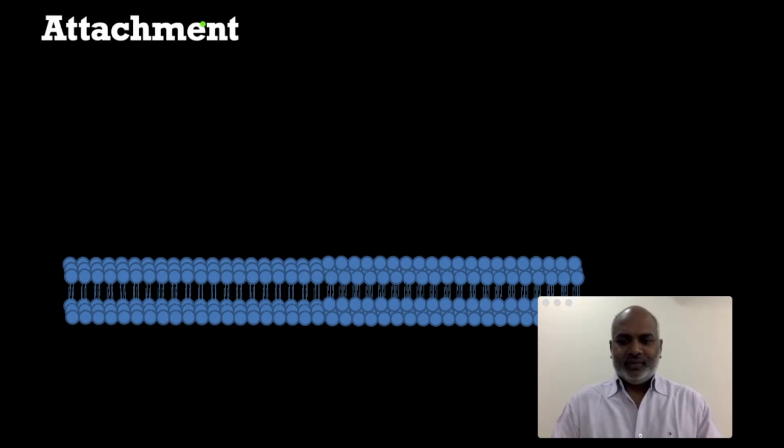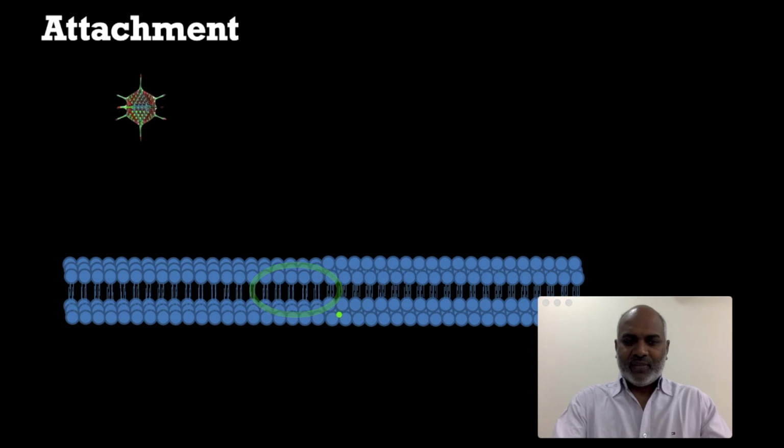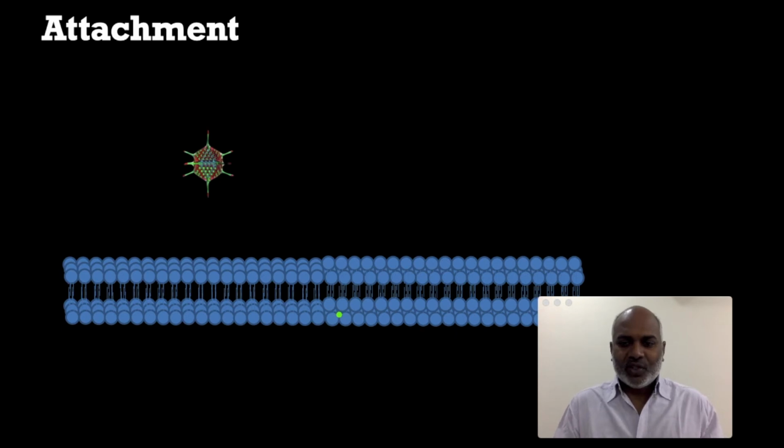As I said, on the surface of the host cell, you have a plasma membrane. On the surface of the plasma membrane, you have different types of proteins. Those are nothing but glycoproteins. Those glycoproteins are involved in the cell-to-cell interactions. But unfortunately, those glycoproteins will be acting as a receptor site for the adenovirus.